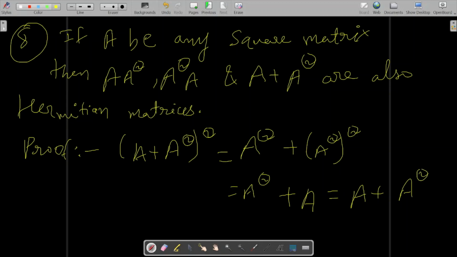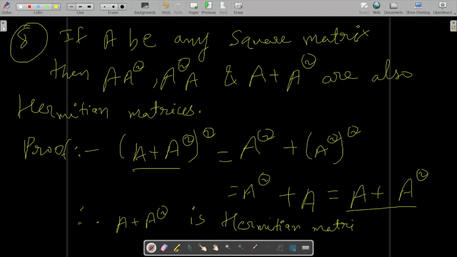Clearly, as this is equal to this, therefore A plus A conjugate is a Hermitian matrix.